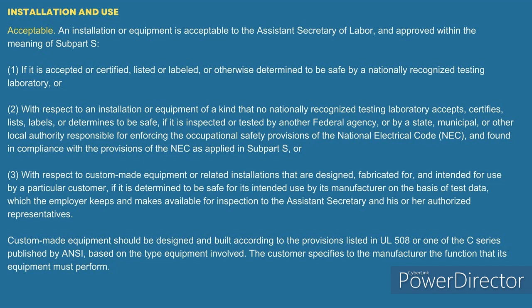If you do not accept listing and labeling or third party certification as authority having jurisdiction, you can accept this, but you're going to take full responsibility. Personally, I wouldn't do that, unless I was set up to test that equipment and know this.